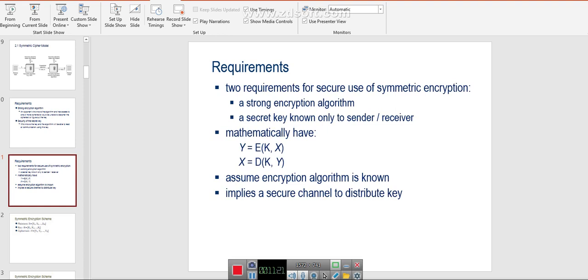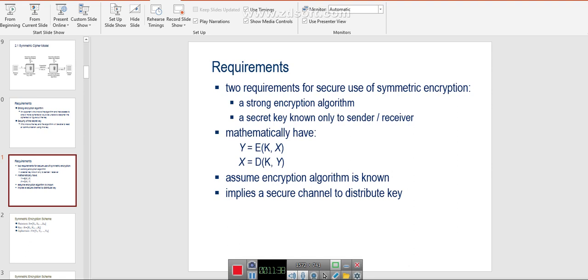The two requirements for secure use of symmetric encryption are a strong encryption algorithm as well as a secret key that is known only to the sender and the receiver.